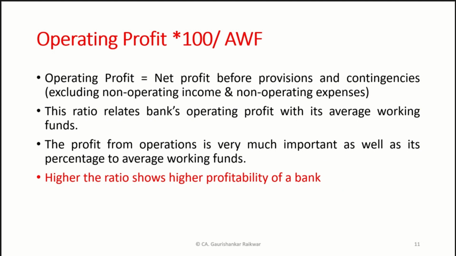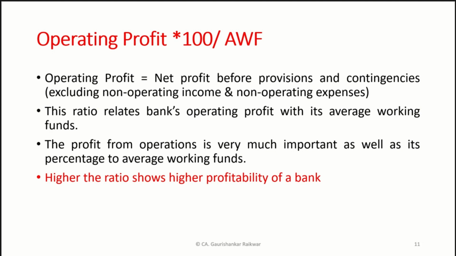Then operating profit. Operating profit is equal to net profit before provisions and contingencies, excluding non-operating income and non-operating expenses. We have already discussed what non-operating income and non-operating expenses are. This ratio relates the bank's operating profit to its average working fund.